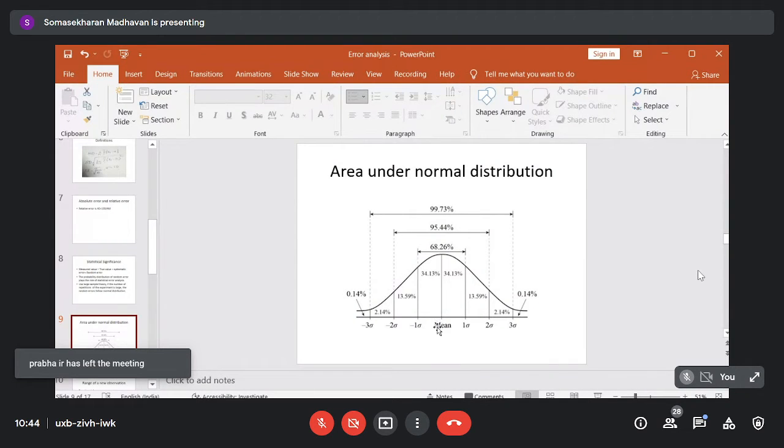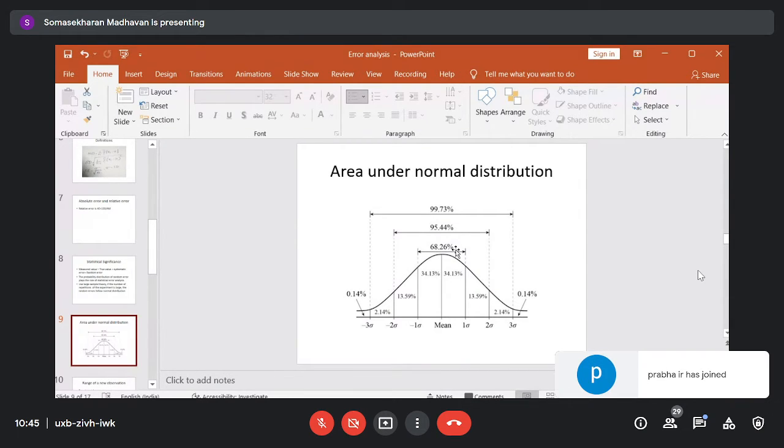This is the mean value of the normal distribution, and sigma is the standard deviation. If you take the interval mean minus sigma to mean plus sigma, there is 68.26% of the observations. The meaning is, if you take one observation from a normal distribution, the chance of it lying in the interval mean minus standard deviation to mean plus standard deviation will be 0.6826.